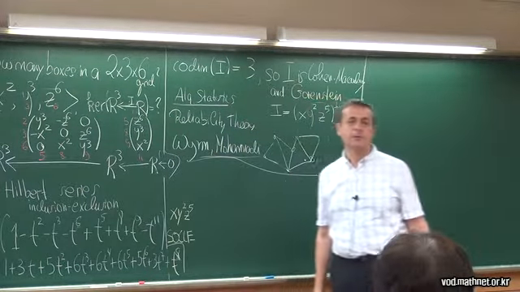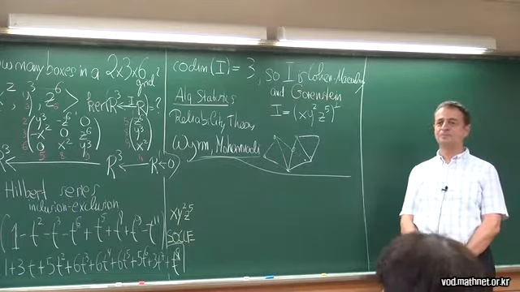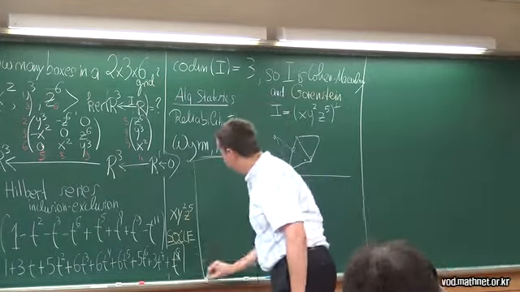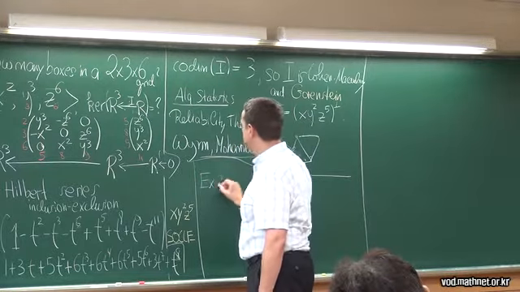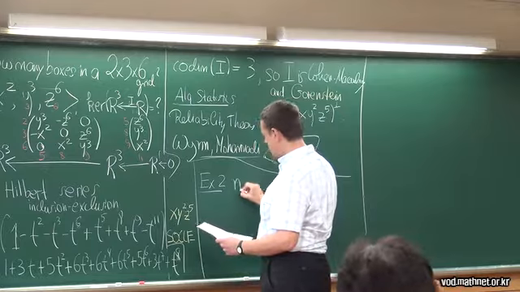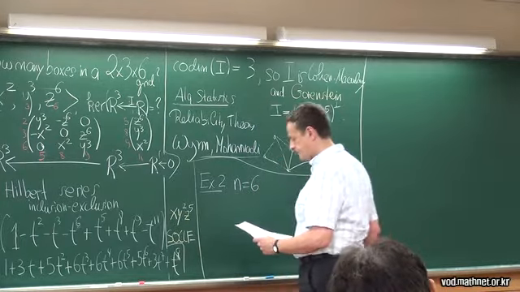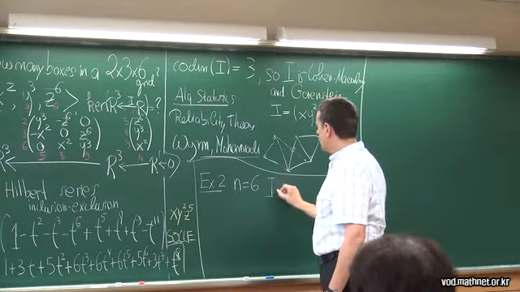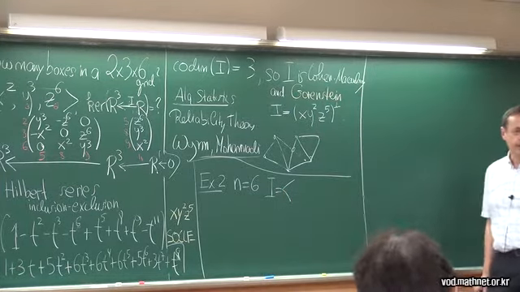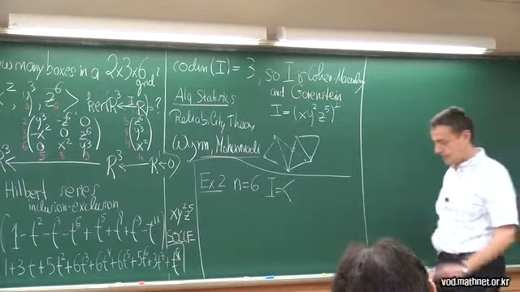Any questions about my first example? Okay, here's example 2. Let's increase the number of variables to 6. I'm going to call my variables x1, x2, x3, and y1, y2, y3.